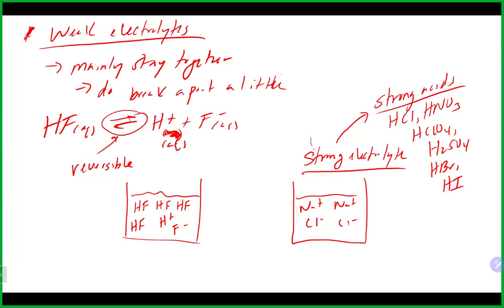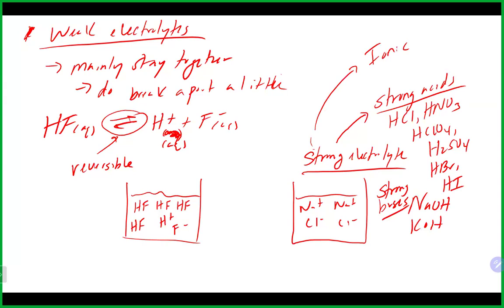Those are some strong acids or strong electrolytes. Also, some strong bases are also strong electrolytes. So strong bases like sodium hydroxide, potassium hydroxide, etc. Also, a lot of ionic compounds are strong electrolytes. They will break apart.